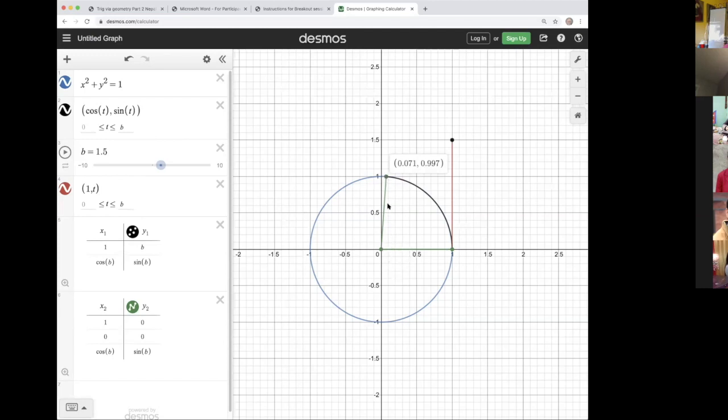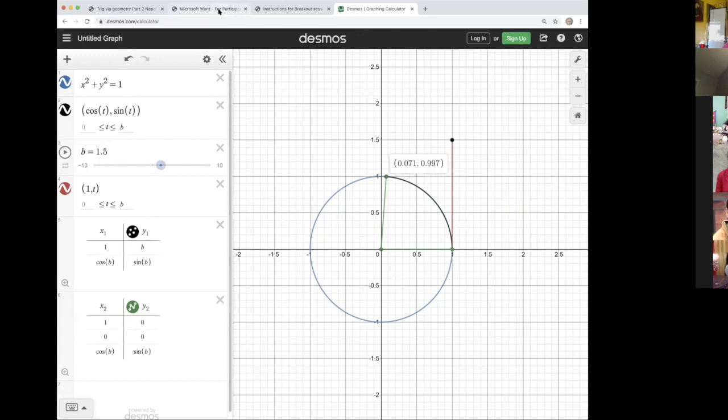So it looks like we're less than a tenth of a unit to the right of the y-axis, and we're almost up to the line y equals 1 in the y component. So we can get a numerical, visual, length perception of the relationships between the angle in radians and the sine and cosine values, which are just points on the unit circle.